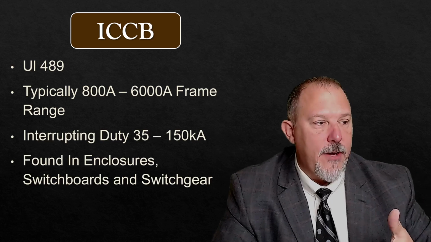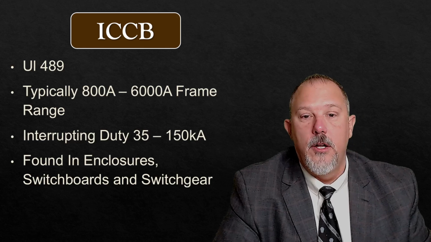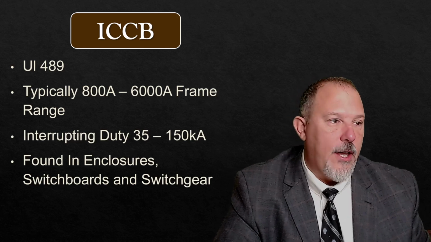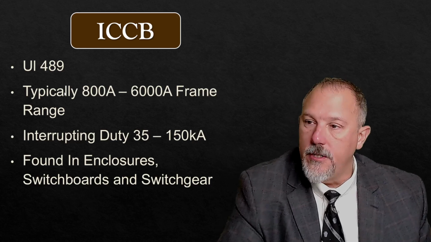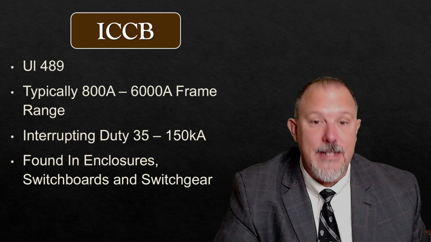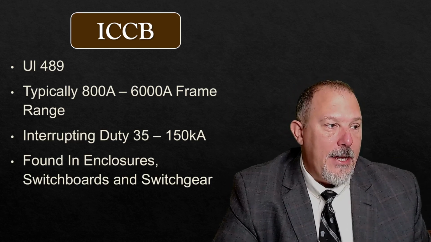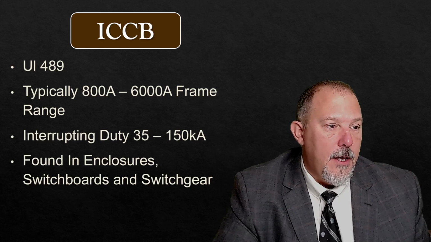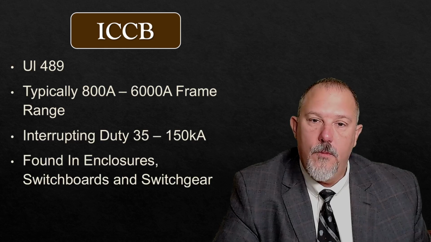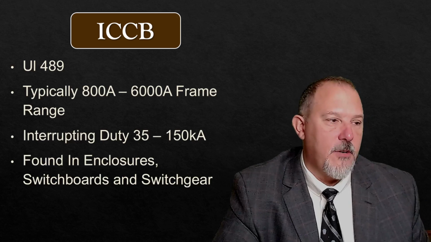I can get higher interrupting capabilities, and typically what I'll employ are limiters, basically like fuses, to help interrupt and stop the flow of current. You'll find these in switchboards and switchgear. You are not going to find an insulated case circuit breaker in a panel board.